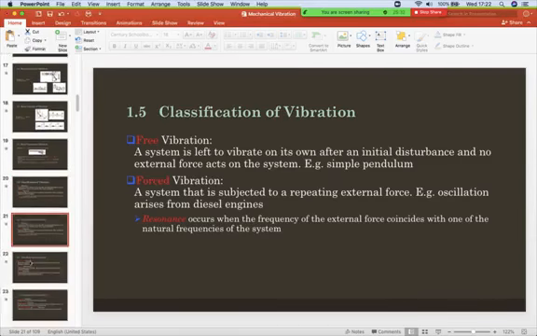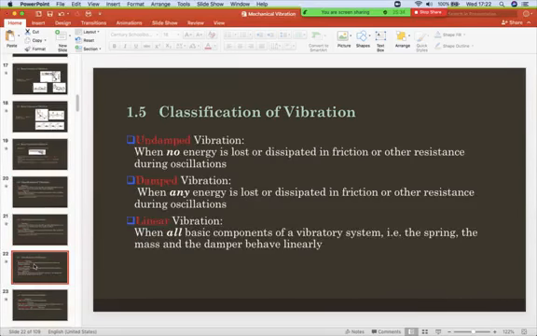So next we have undamped and damped vibration. We know energy is lost or dissipated in friction or other resistance during oscillation. Damped vibration is when energy is lost or dissipated in friction or other resistance during oscillation. So this is a kind of vibration which is lost or dissipated in friction.